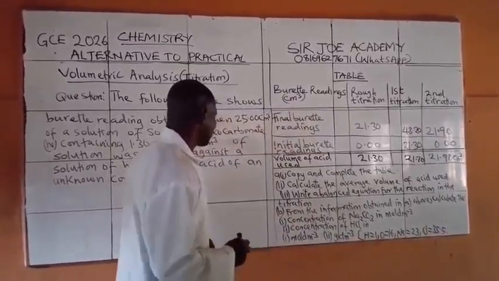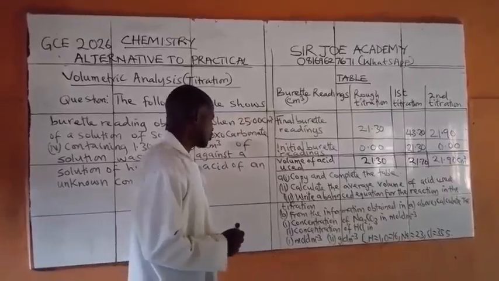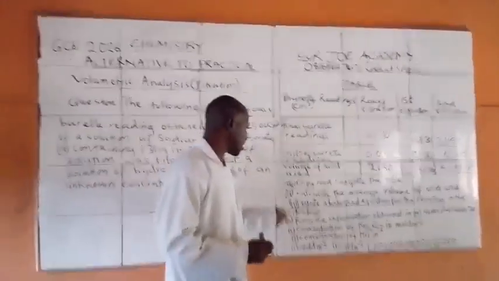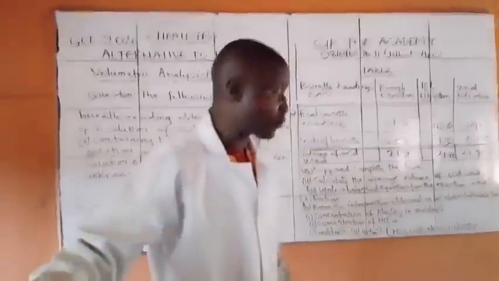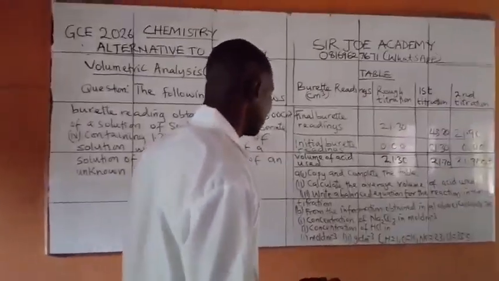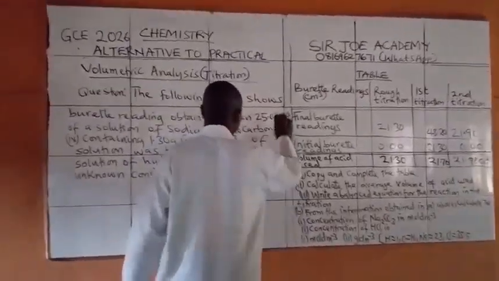Then we move to 1A Roman figure 2, which says calculate the average volume of acid used.